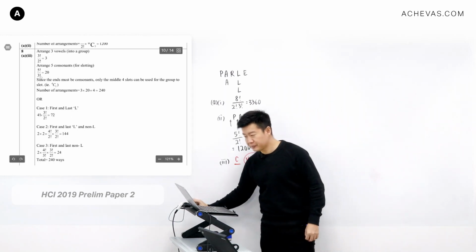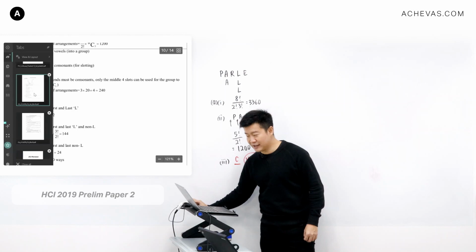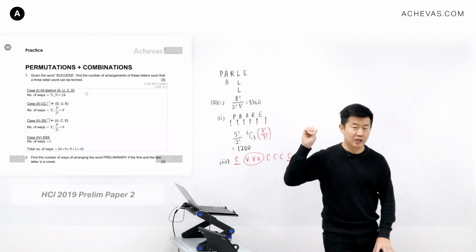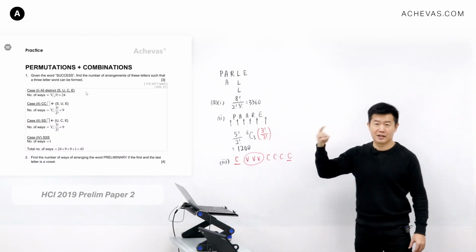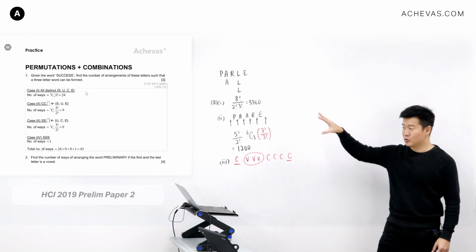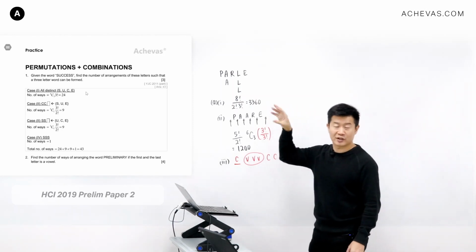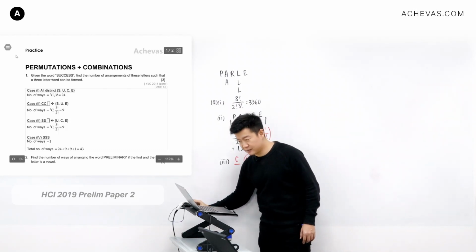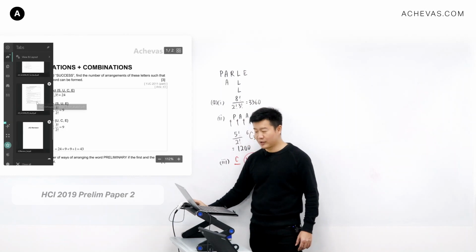Then, after that, we will look at this practice here, which is extracted from the questions that we did in our practice exercise in the February March period. You actually have it, I just extracted out those questions that we discussed. So first of all, identical objects. Let me go back to my outline.